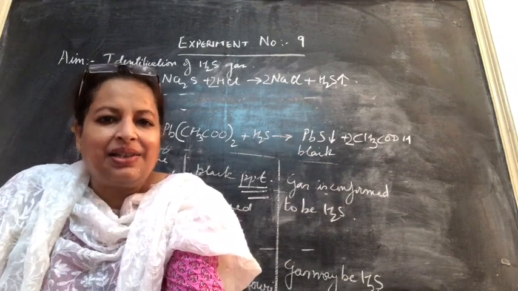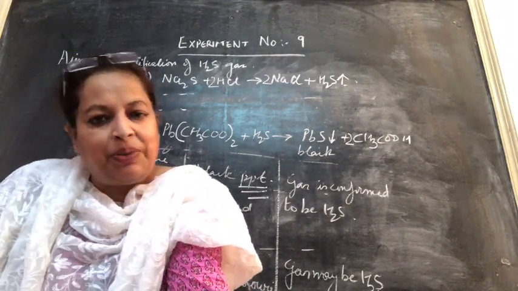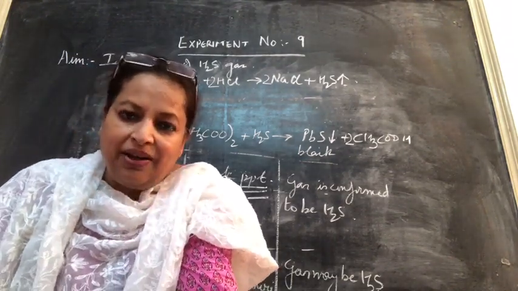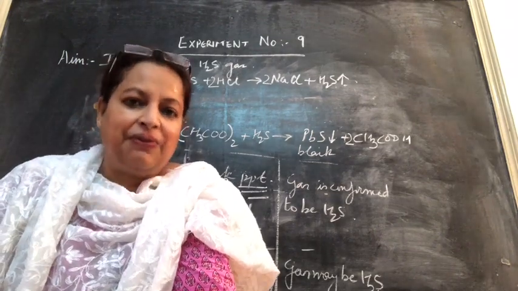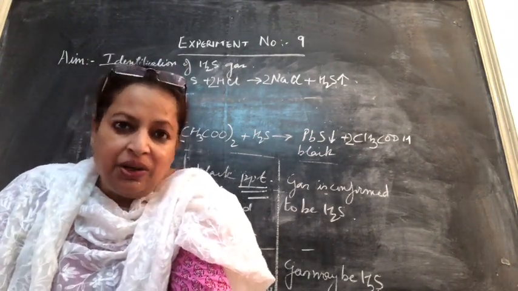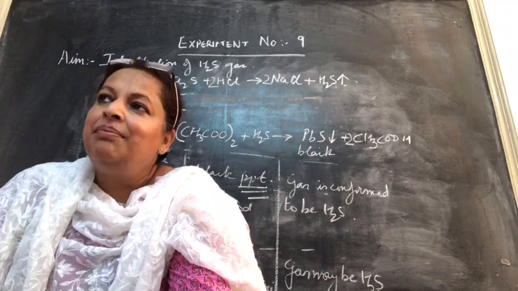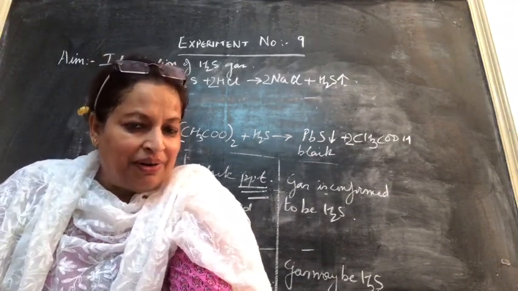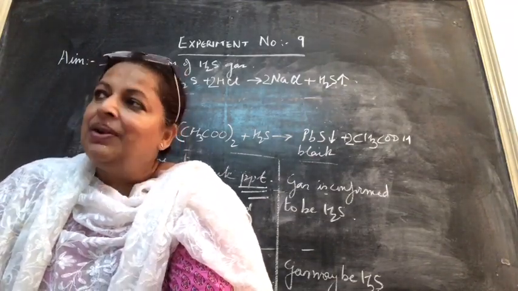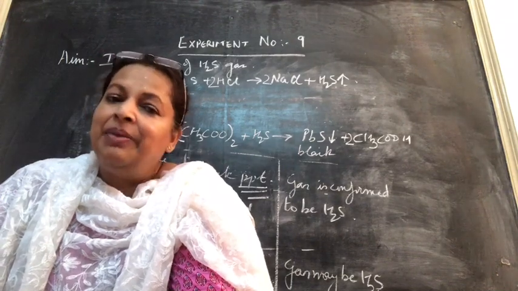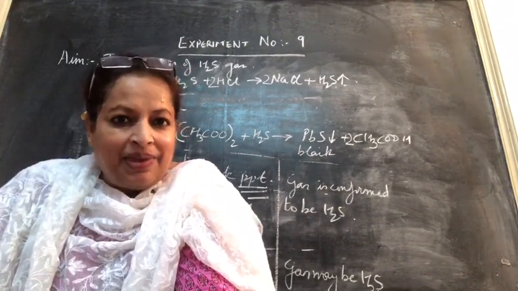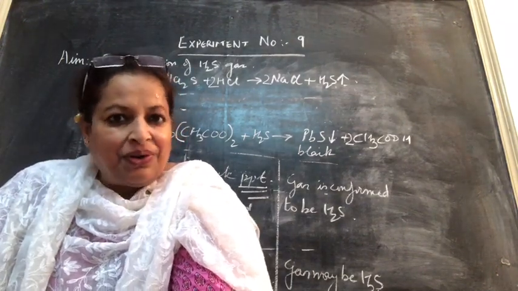The characteristic, something which is only peculiar to H2S gas, is its odor, very foul, offensive odor. Now when you were in school also, children, many a time you must have noticed a very foul odor coming from the chemistry lab. Very foul, offensive odor, you would all cover your nose.